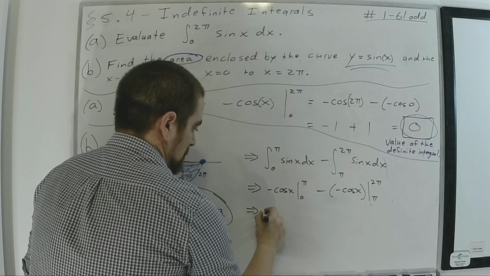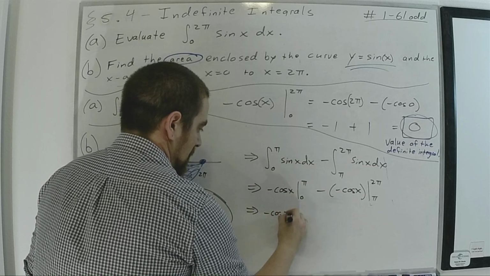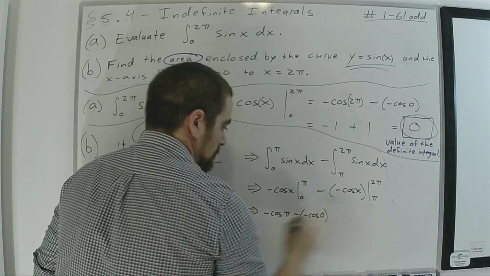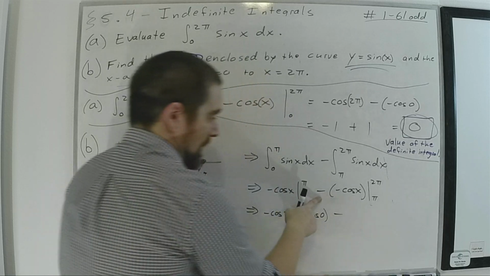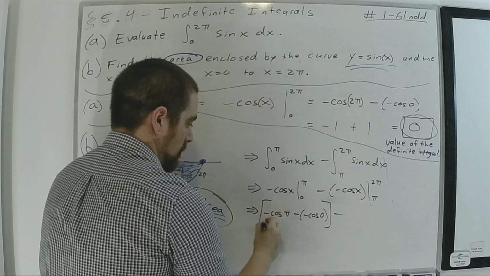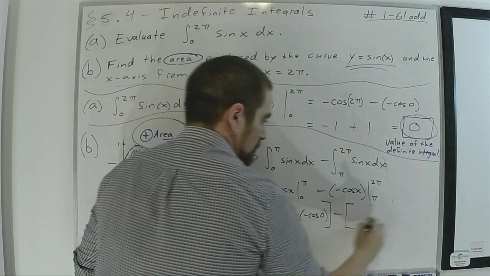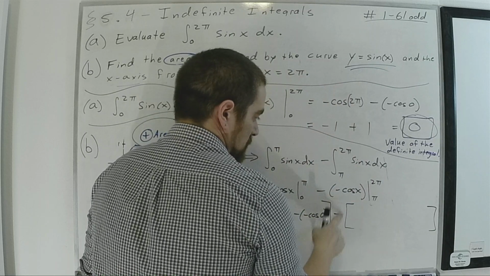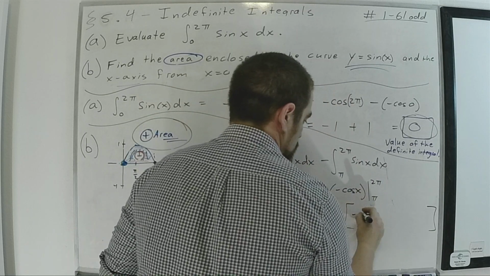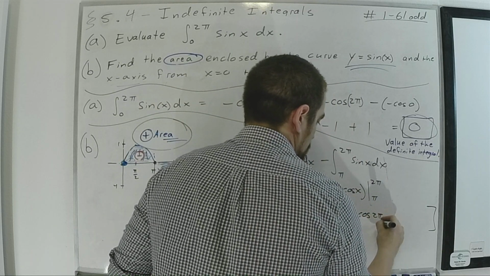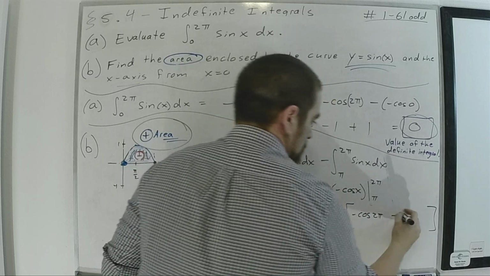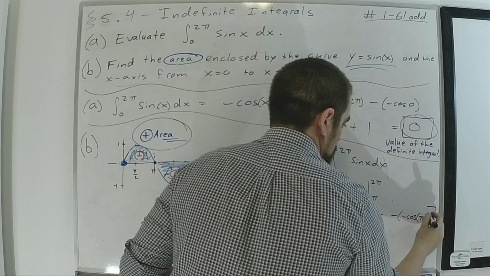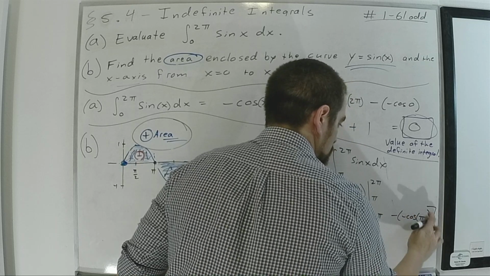This will give me negative cosine of pi minus negative cosine of 0, minus, and I do have to take all of this and subtract all of this. So this is subtraction. This is negative cosine of 2 pi minus negative cosine of pi. Again, respecting those upper limits minus those lower limits.